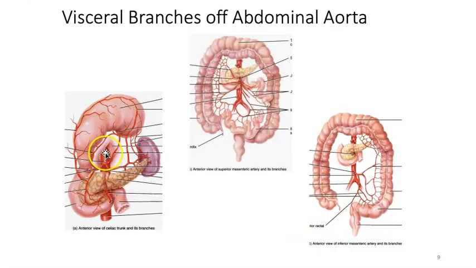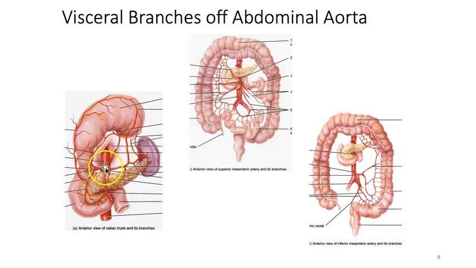The very first branch, I don't know how well you'll see this in this image, hopefully you can see it clearly, is something called the celiac trunk. So again, it's really not very long at all, a short artery that's coming off the abdominal aorta, and almost immediately it's going to split and go in 3 different directions.